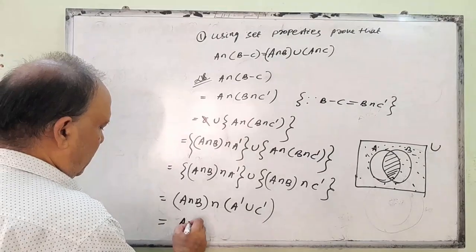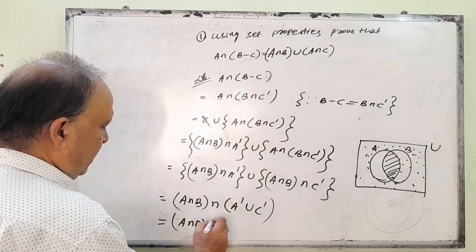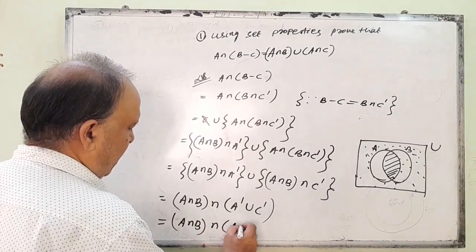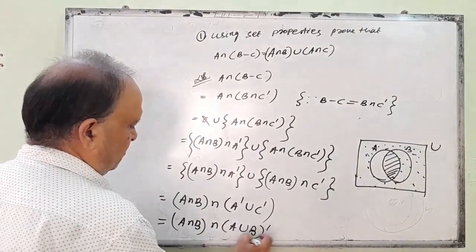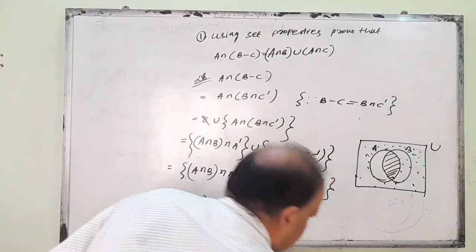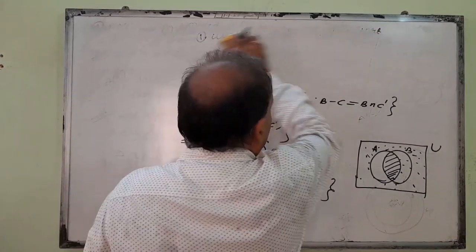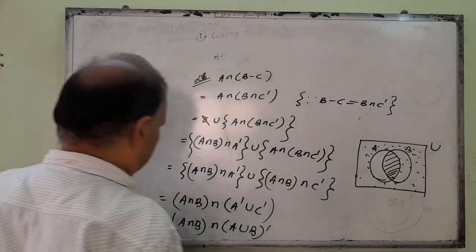That is equal to A intersection B intersection (A union C) dash by De Morgan's law.